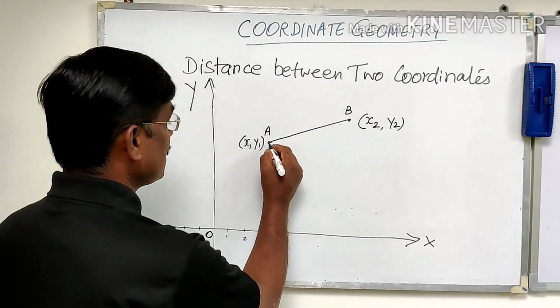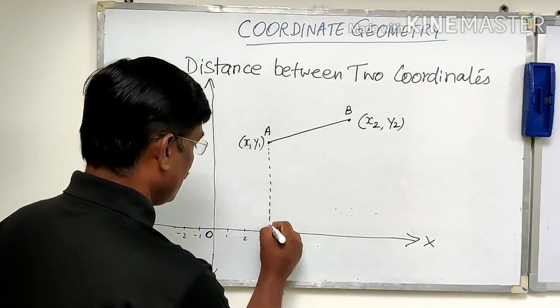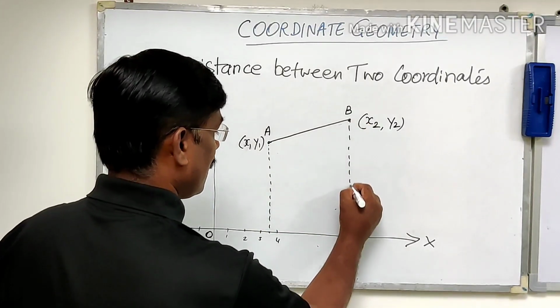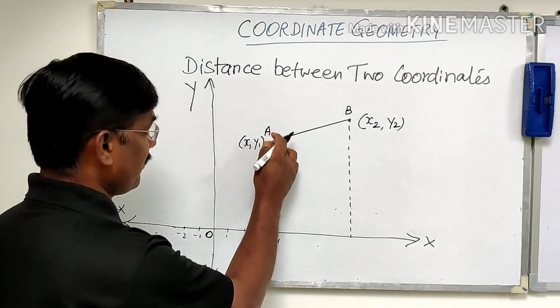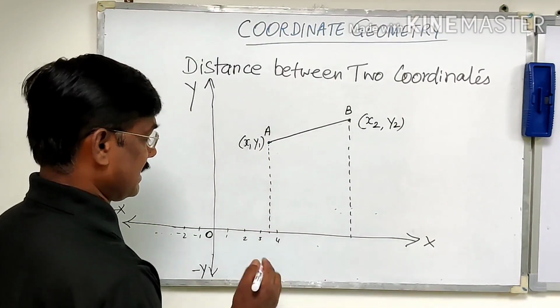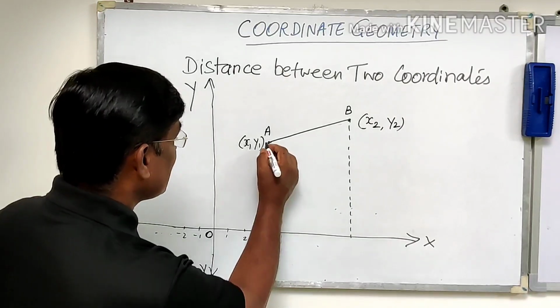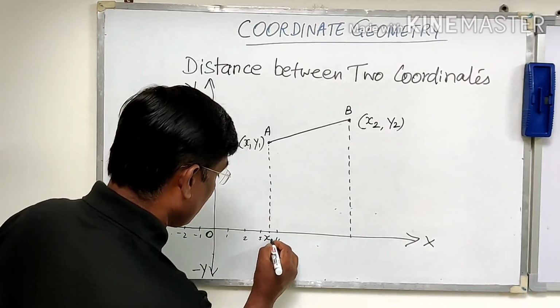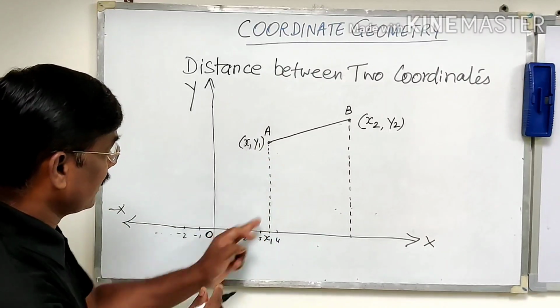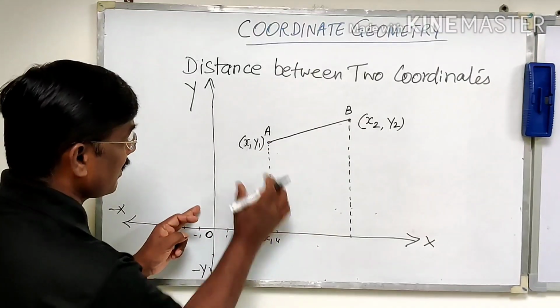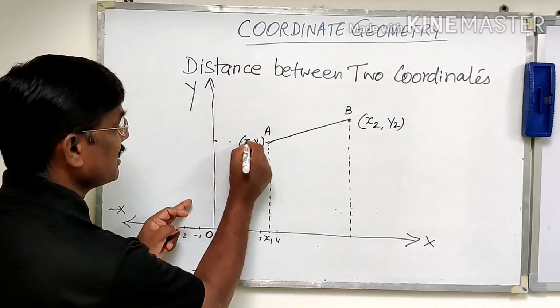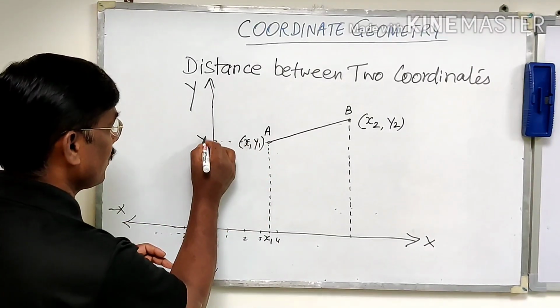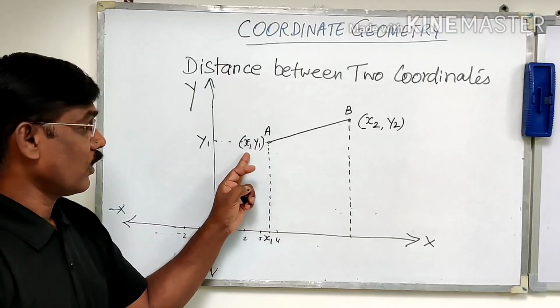Now just draw vertical lines from A and B to the x axis. And what is this point? This point is the x1 coordinate, because this is nothing but the x value and y value. This is the point representing the x and y coordinate.